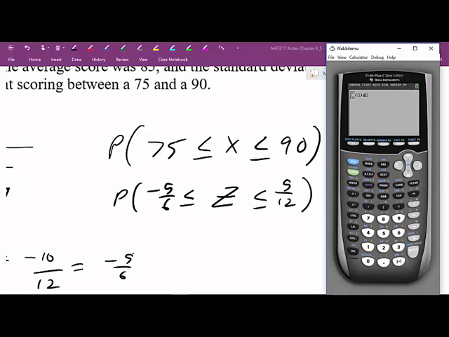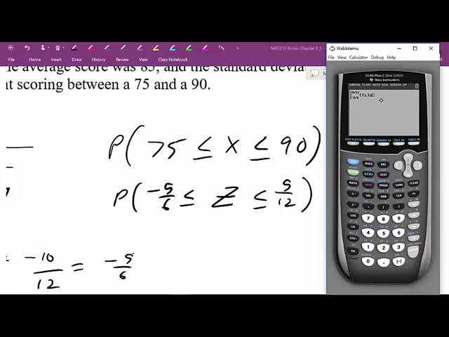And here we go. Our bounds are going to go from negative 5/6 up to 5/12. And my function, since I typed it in Y1, I can press VARS, go over to Y-VARS, function, and choose Y1.